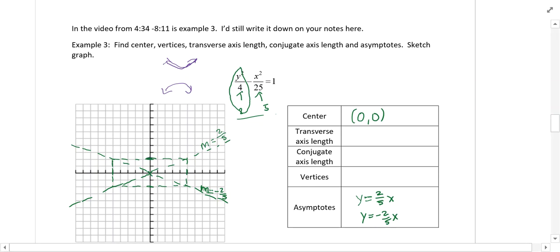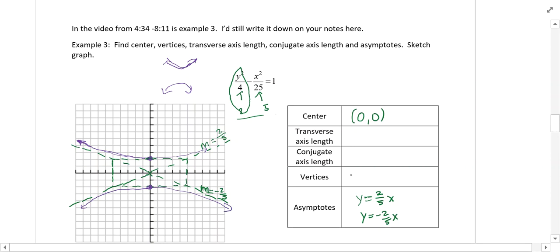So these two will be my vertices. Again, it's not based on which number is bigger, but rather which one's the positive part. So here's one branch, it's a really wide one. There we go. And here's the other branch.